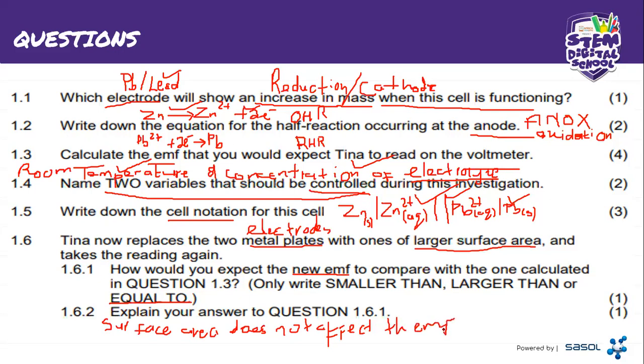So the surface area does not affect the EMF of a galvanic cell. Altogether, it does not. That's why it will be the same.